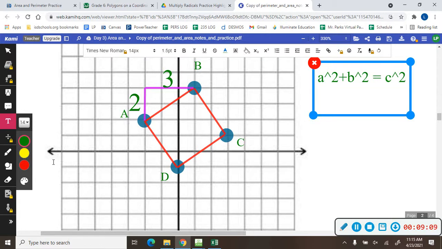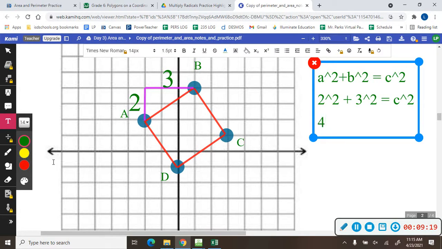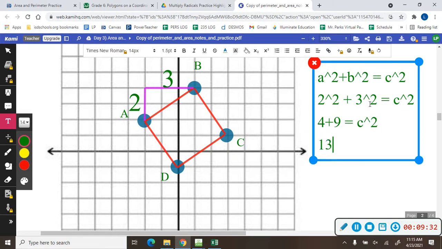So A would be 2 squared, B would be 3 squared, and then I'd get 4 plus 9 equals c squared. 2 squared is 4, 3 squared is 9, 4 plus 9 is 13.